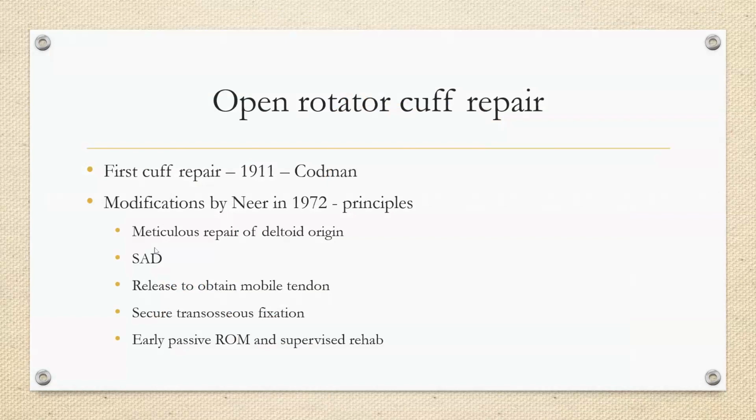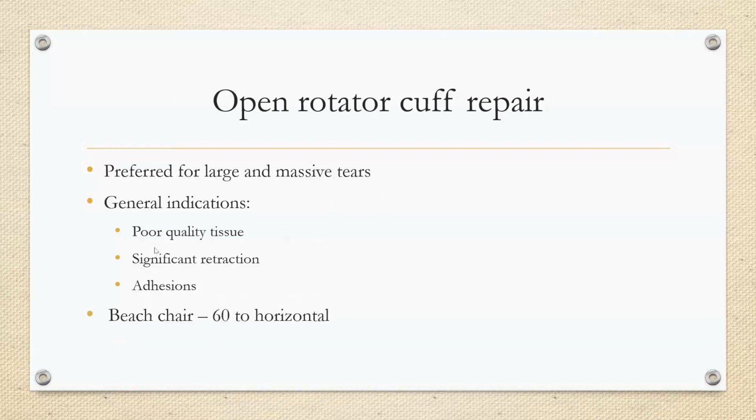Once the subacromial decompression is done, the cuff tendon should be released from its surrounding adhesions and mobilized to the cuff footprint. Secure trans-osseous fixation is necessary for post-op rehab, and early passive ROM can be allowed. Only passive ROM can be allowed when doing an open procedure, and supervised rehab is mandatory. Even with the availability of arthroscopy, surgeons do prefer open repairs in case of large and massive tears.